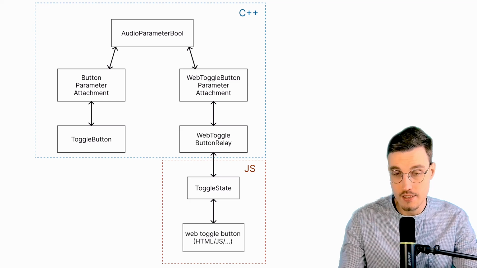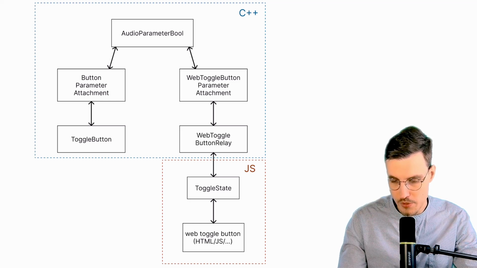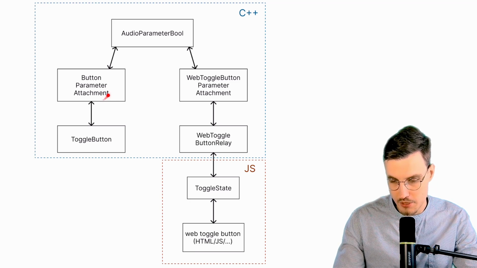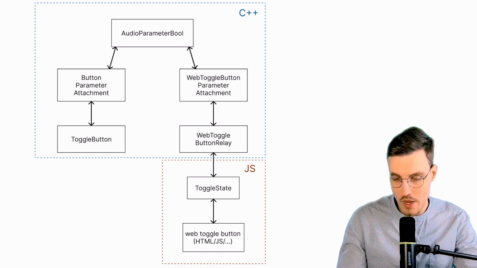And again, as in the slider case, the WebView class relationships look very similar. Instead of a ButtonParameterAttachment, we now have a WebToggleButtonParameterAttachment. And this talks not directly to some kind of toggle button, but to a WebToggleButtonRelay.